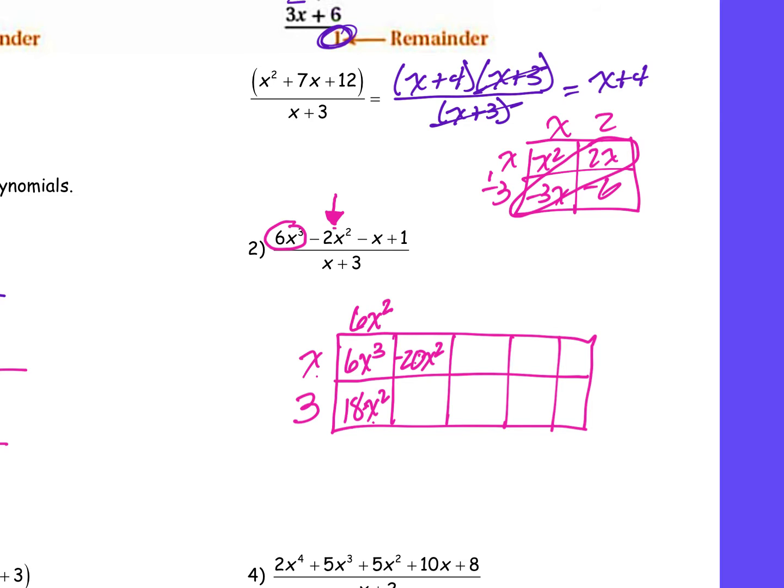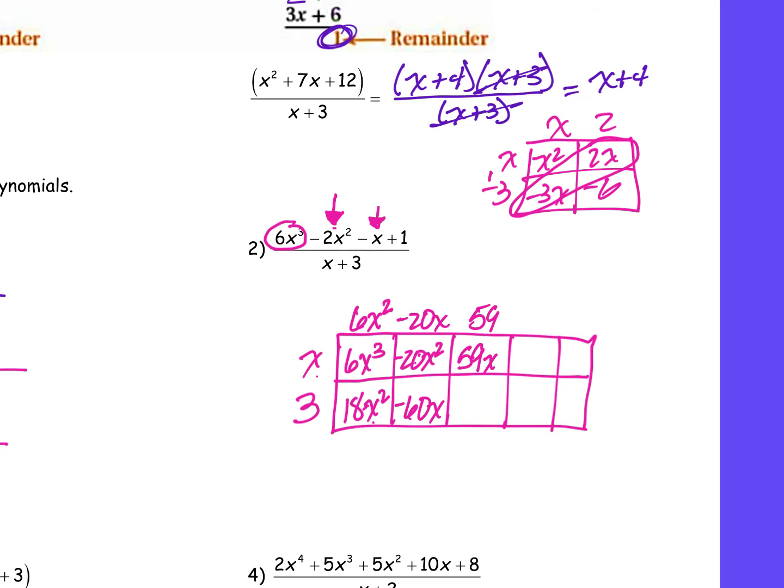Now what do I multiply x by to get negative 20x squared? Negative 20x. Thanks, Sarah. Negative 20x times 3 is what? Negative 60x. So I'm going to do the same thing. What do I add to negative 60x to get negative x? 59x. X times what number gives me 59x? 59.